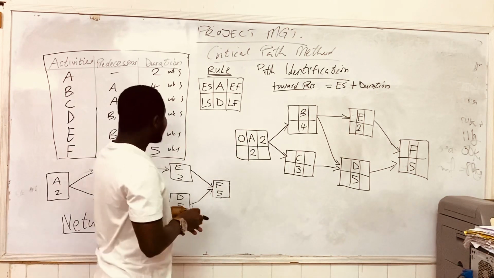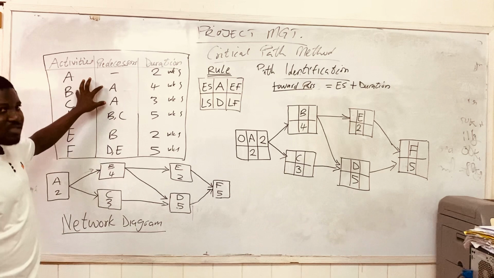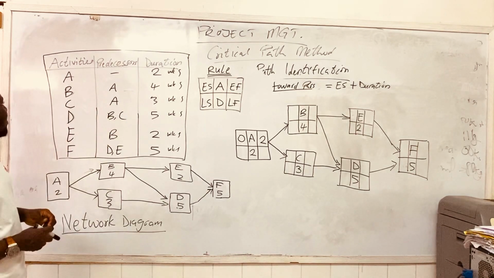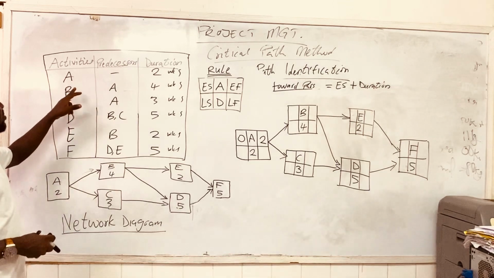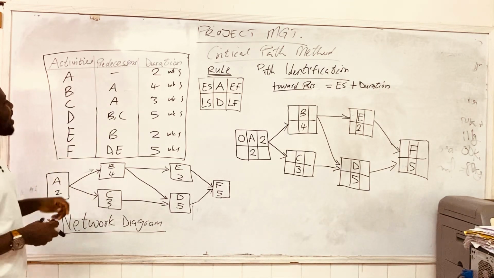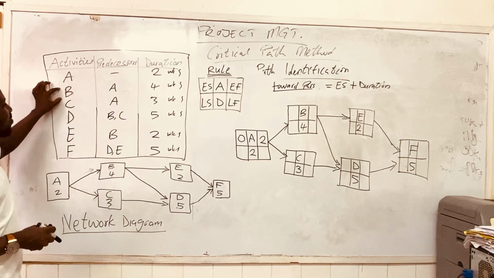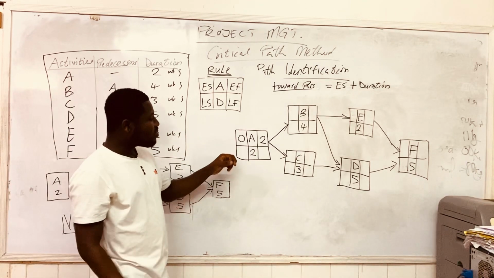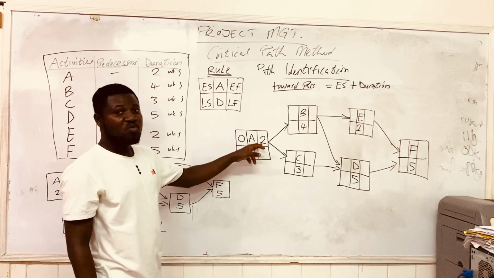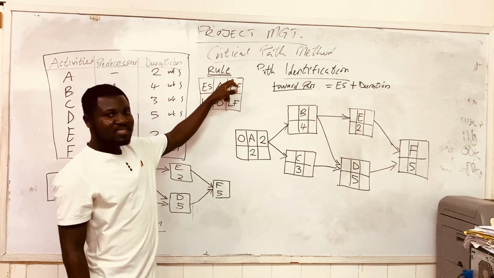Now, for the explanation of this table, I told you that A is the predecessor of project B, which means that we can only start project B when we are done with project A. And project A is going to take us 2 weeks to finish. That is the earliest finish time.